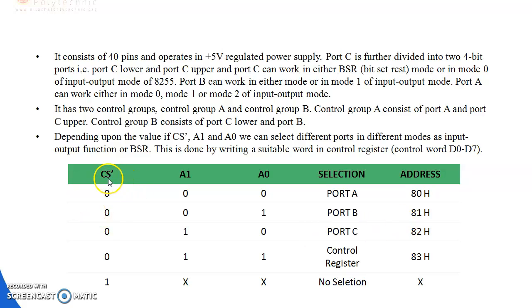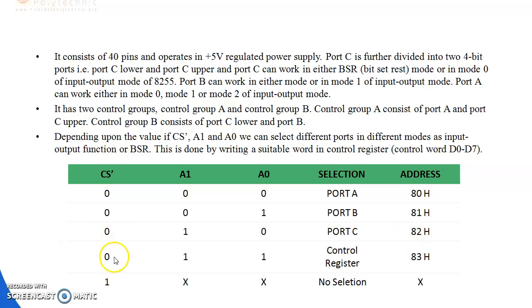Then if CS bar is 0, A1 is 1, A0 is 0, then the port selection is port C, and the address is 82H. The address of port C is 82H.